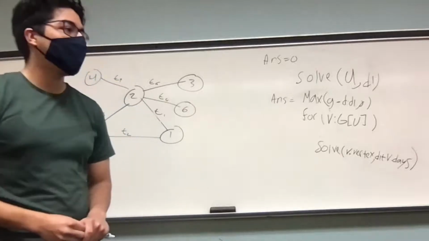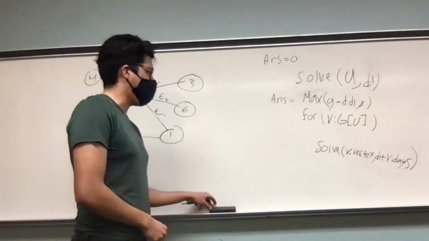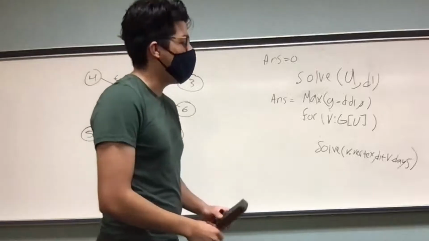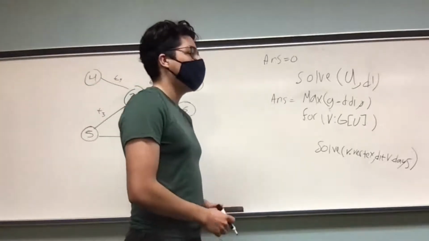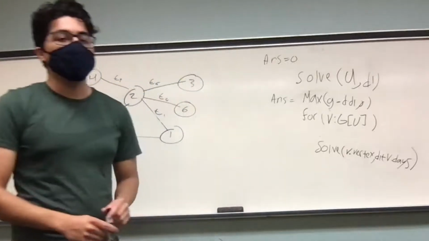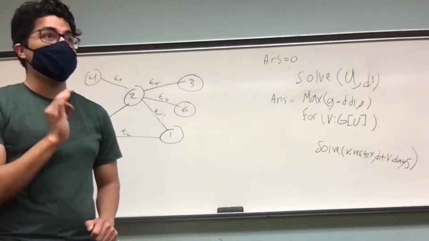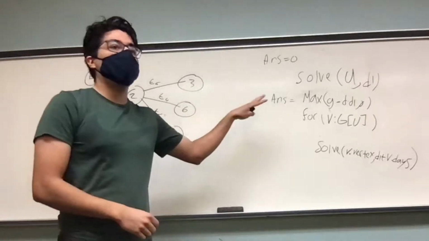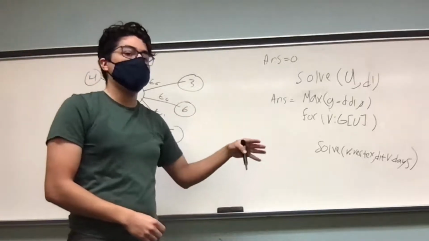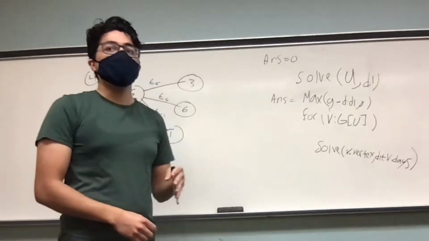Which one is it? Alright, I'll give you guys a clue. For any given answer, in DP, we have this thing called optimal substructure. Basically, we can solve our current state with subproblems that we already solved optimally.